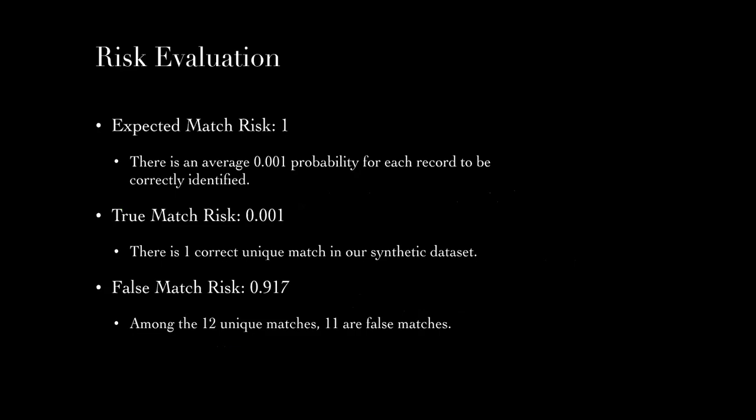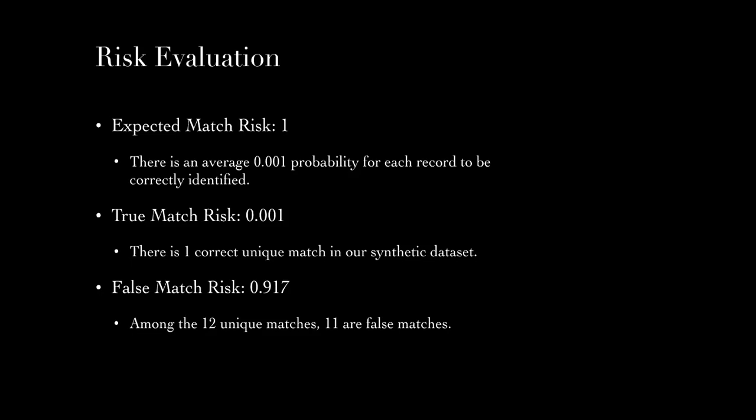After I synthesized the data set, I measured the identification disclosure risk in the synthetic data set and found an expected match risk of 1, which means there's an average 1 out of 1,000 probability for each record to be correctly identified. The true match risk is 0.001, which means that among 1,000 observations in my data set, there is 1 correct unique match.